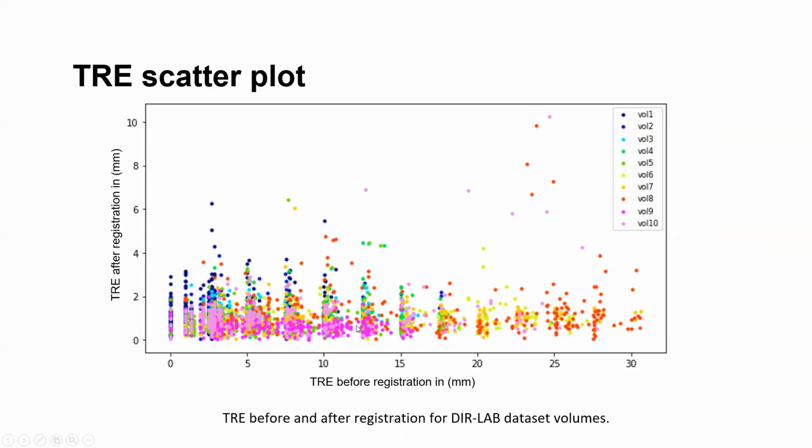You can see that we need to have all these points go as close as possible to the horizontal line. It's also good to mention that volume number 8 shows a very scattered distribution compared to the rest of the volumes, which is one of the reasons why we are focusing on that volume in our results.